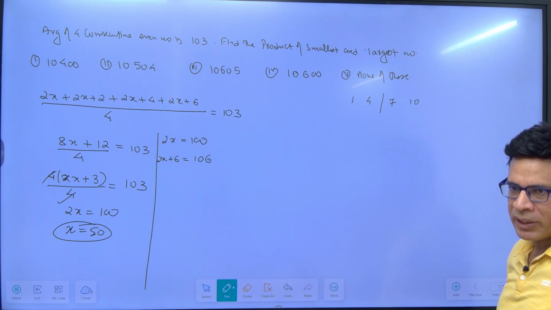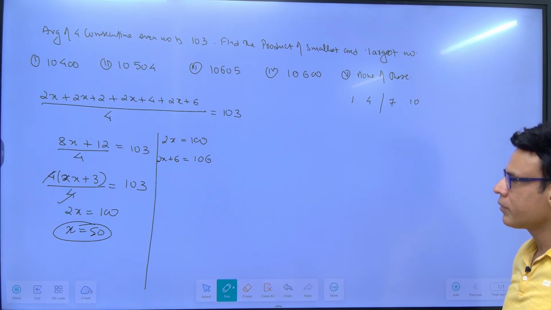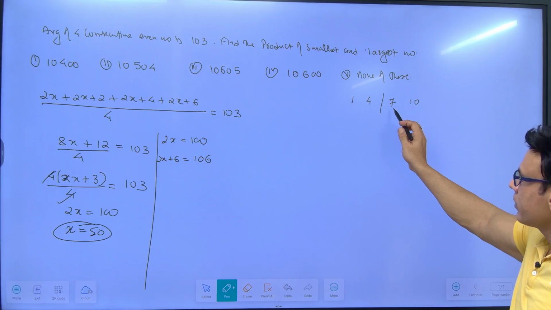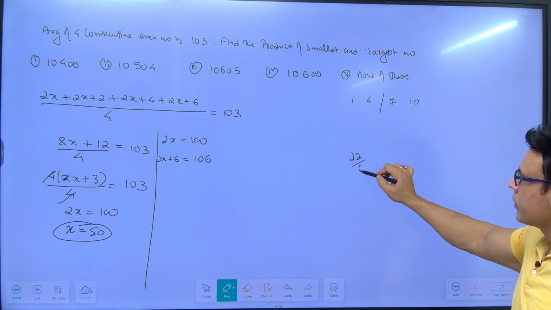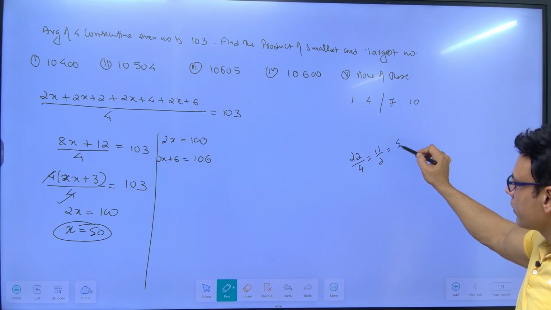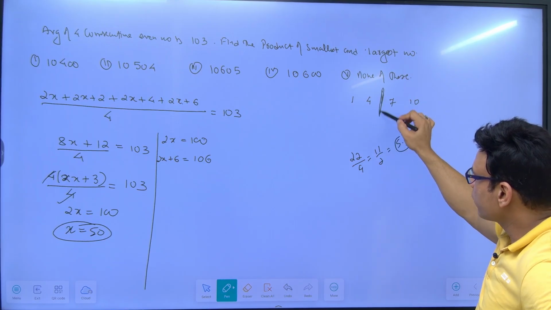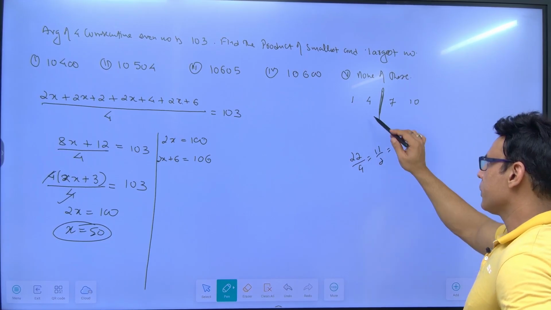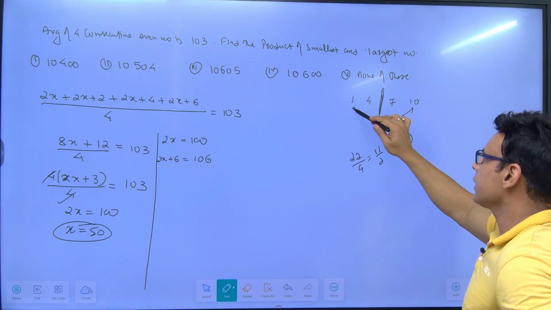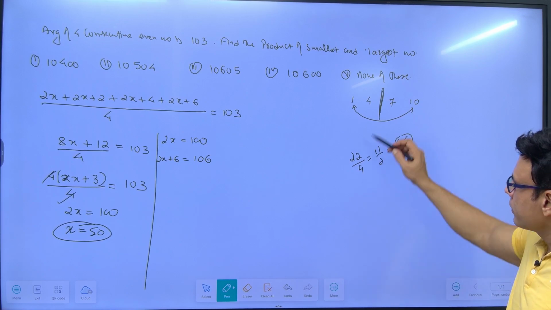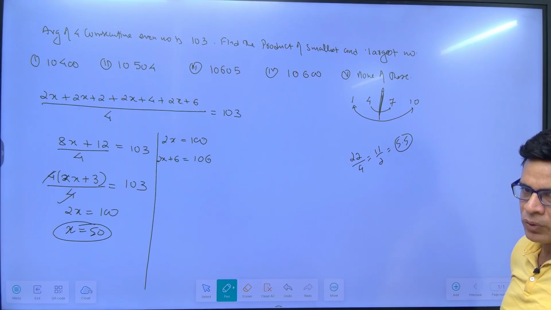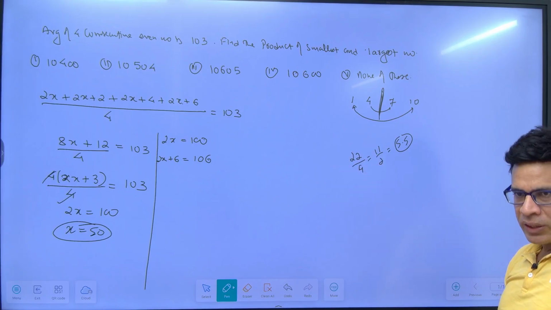Here, 10 plus 1 is 11, divided by 2 is 5.5, which is exactly between 4 and 7. So the average can also be obtained by adding 7 plus 4, divided by 2, which is also 5.5, if numbers are evenly spaced.